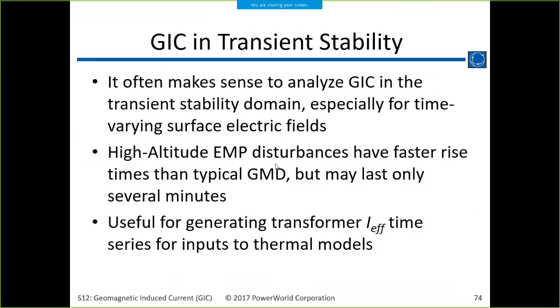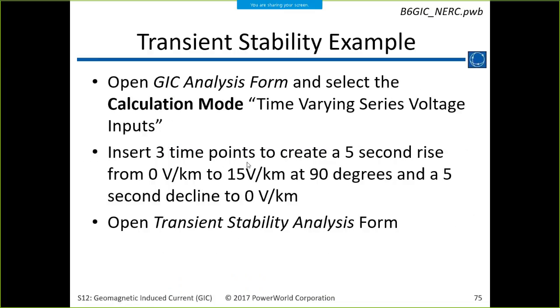The example Tom went through earlier was looking at transient stability. For the high altitude EMPs, it makes sense. If you want to generate a time series for transformers, you might use the transient stability tool and just calculate the GICs for that. So that's just an example that we could use here.